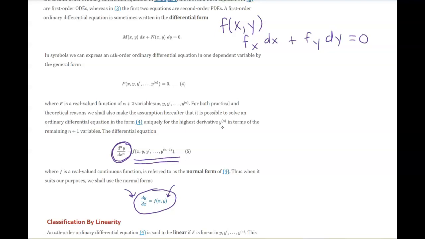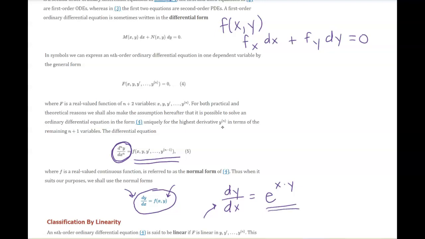For example, a normal form equation might look like dy dx equals e to the xy. This is in normal form because it's first order, and that's what's on the left-hand side, and then a function of x's and y's is on the right-hand side.